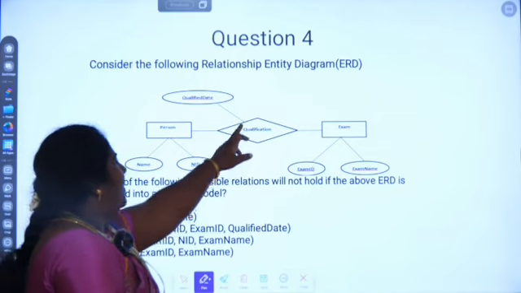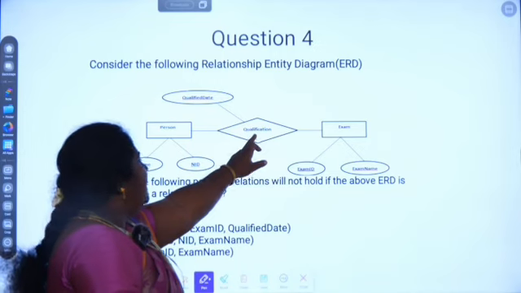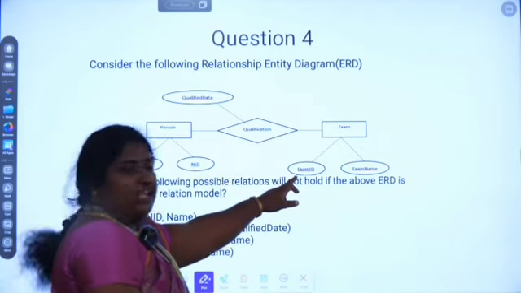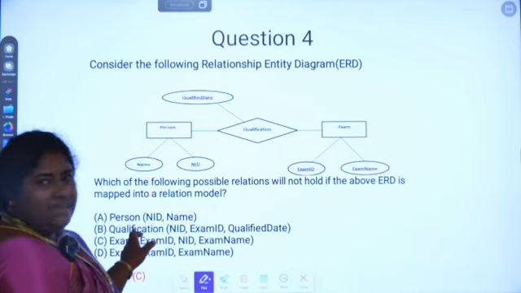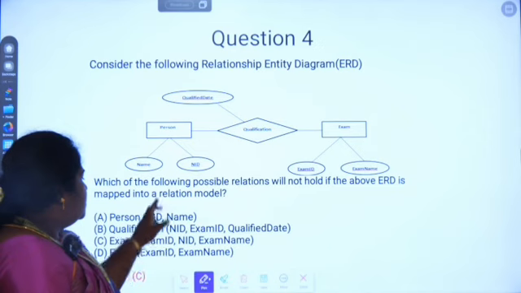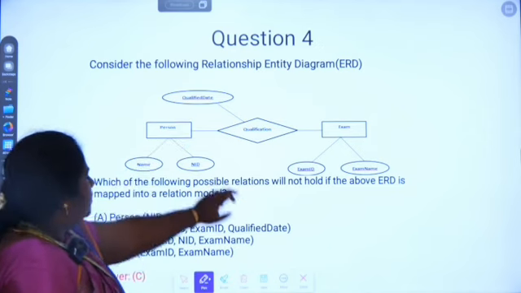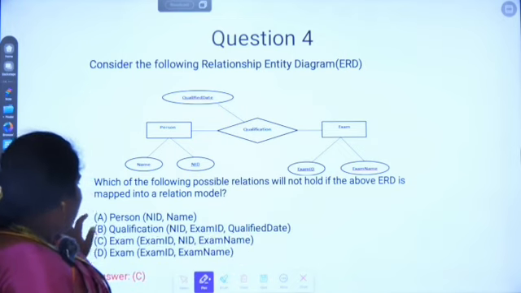The table for the relationship qualification consists of the primary key of person and the primary key of exam, that is NID and exam ID, plus an attribute called qualified day. So these three tables will be created.